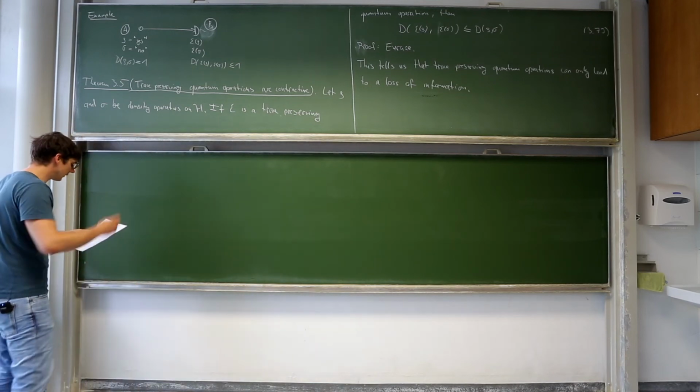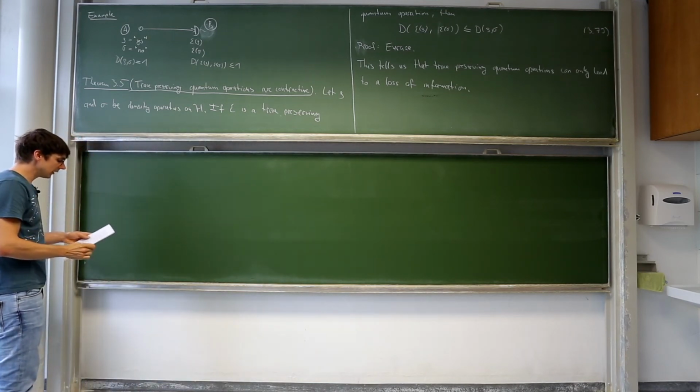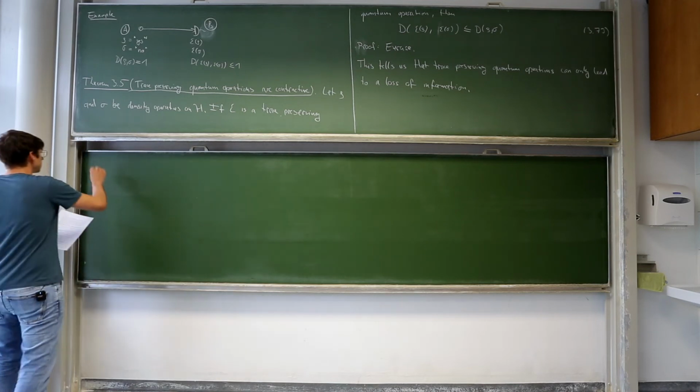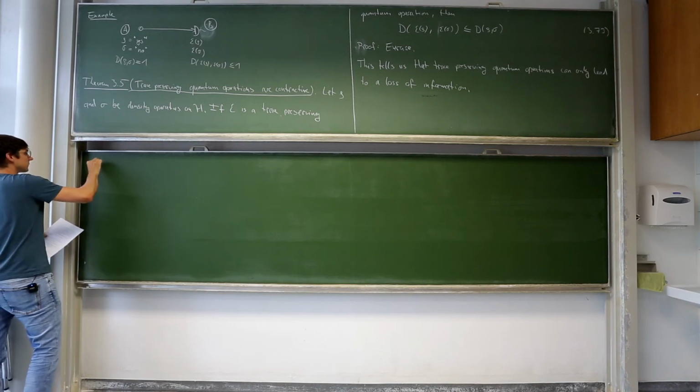But let me state the convexity property, and this is the theorem of the strong convexity of the trace distance. So it's theorem 3.6.